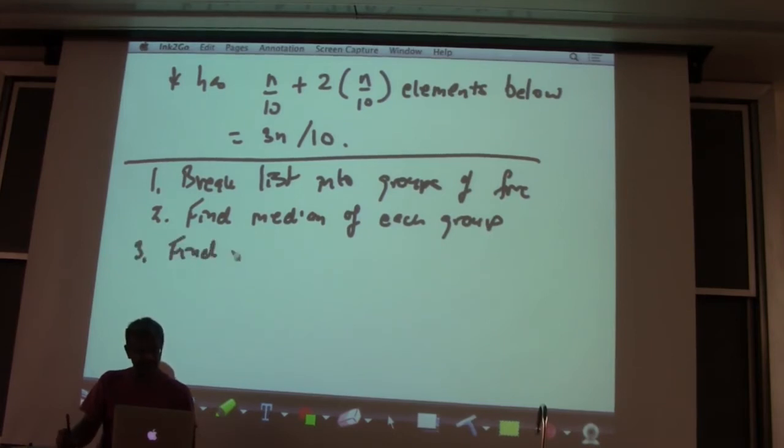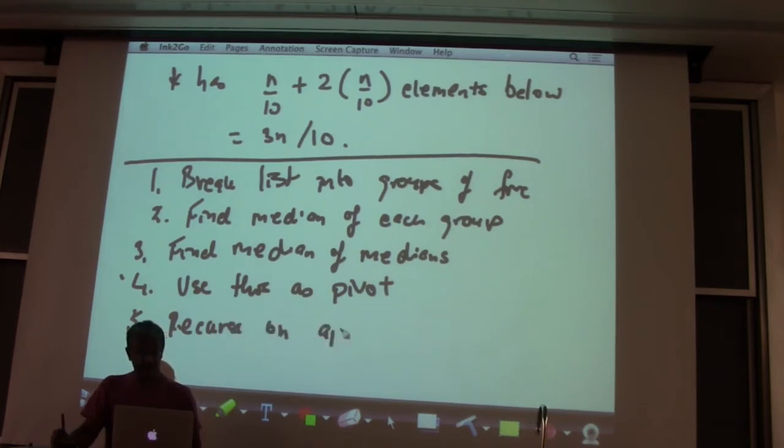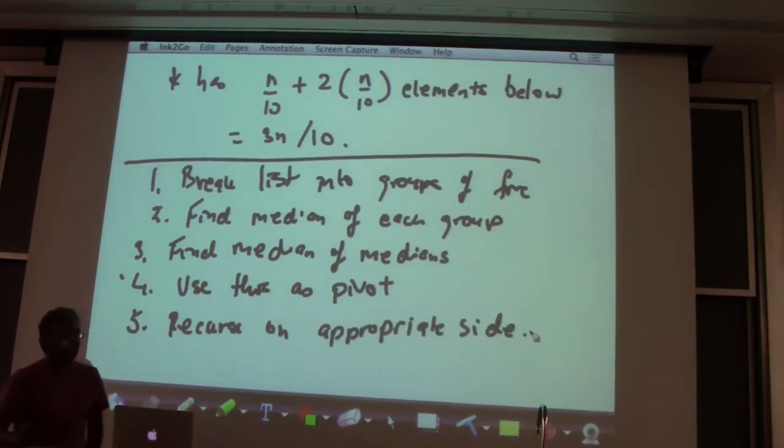Find median of medians. 4. Use this as pivot, which means scan the array, find its rank. 5. Recurse on appropriate side. This is the entire algorithm.